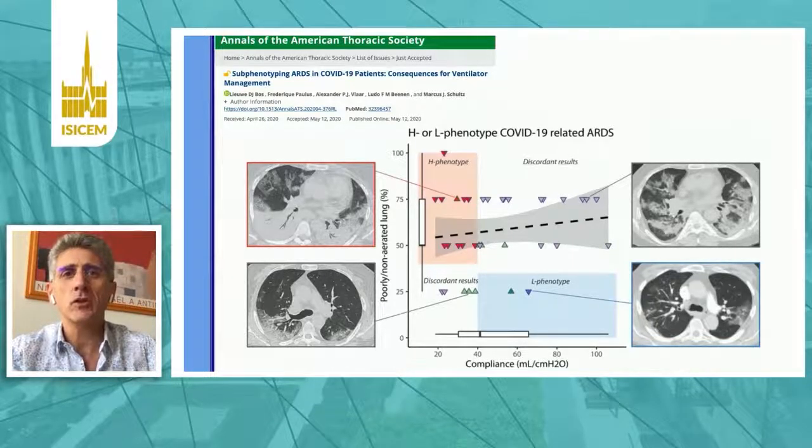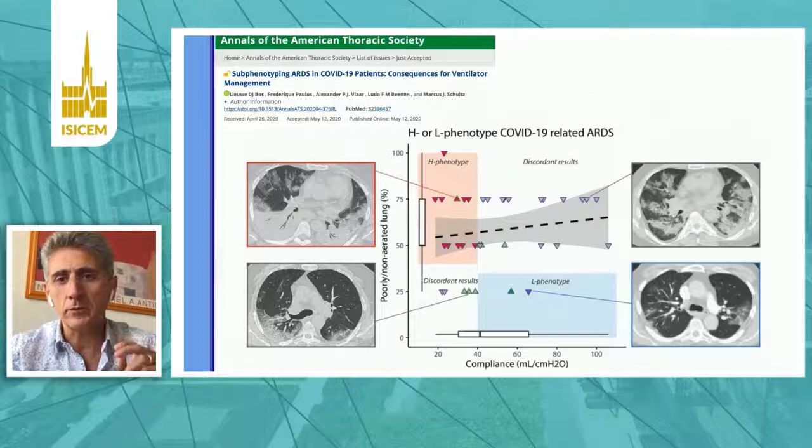Whereas some of these patients will still have low compliance and rather focal lung lesions on the CT scan, and they are called to have discordant CT scan phenotypes. And the same is true when we consider patients with the L phenotypes, where indeed there's not a perfect correlation between the compliance and the CT scan findings.